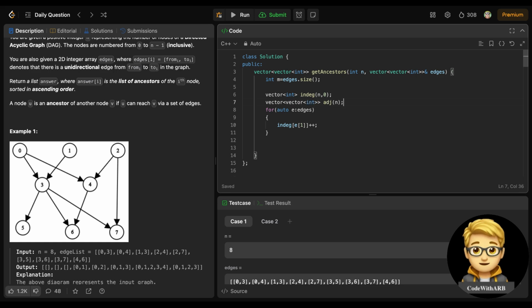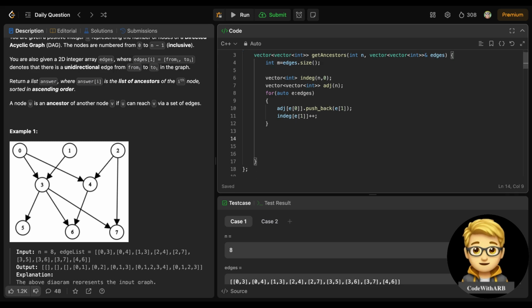I will store all the children of the particular node, because ultimately I need to move through the children to find all the ancestors of the particular child. So I have stored the in-degrees of all the nodes, and also made an adjacency list.